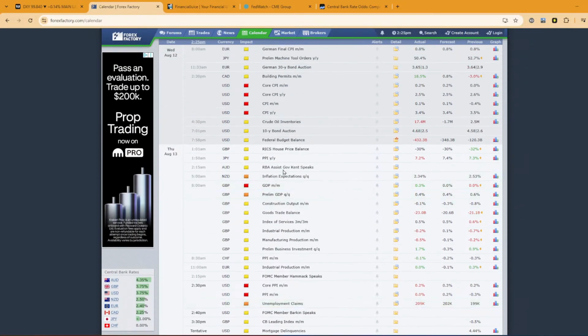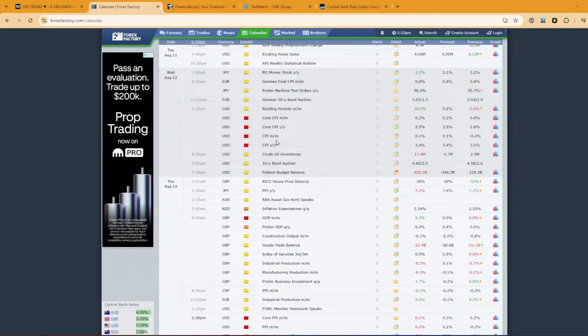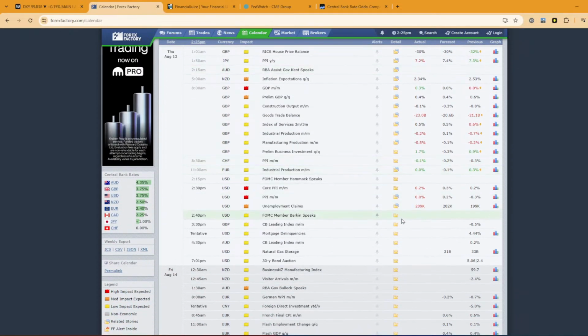We also had the CPI on Wednesday, so this is inflation on the consumer side. The number came out as expected, not too hot, not too soft, so neutral. Based on the PPI, we have soft inflation, so this could contribute a little bit to the weakness in the dollar.